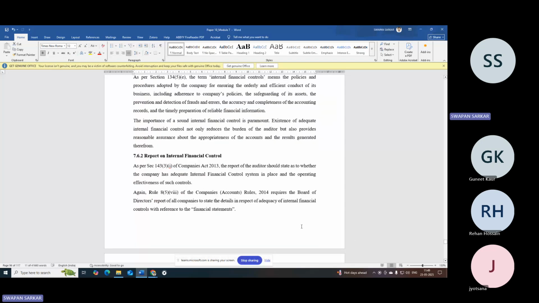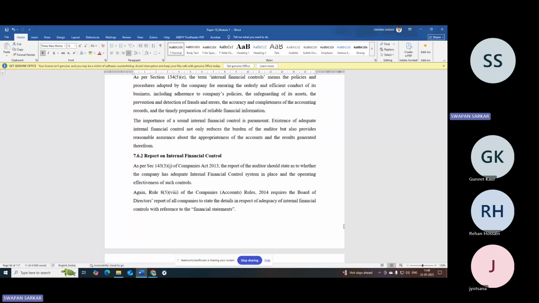Now, report on internal financial control as per Section 143, clause I of the Companies Act 2013. The report of the auditor should state whether the company has an adequate internal financial control system in place and the operating effectiveness of such control.